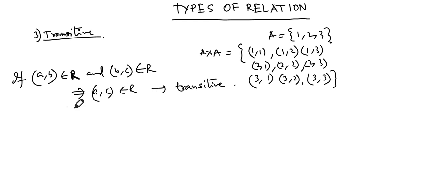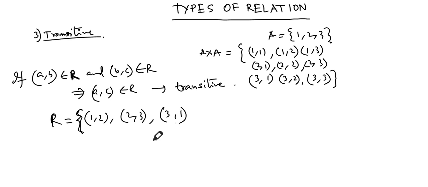What does it mean? Suppose we take an example R. Now we are constructing it as a transitive relation following this procedure. Suppose we are taking (1,2), (2,3) and (3,1). To make it transitive, what do we have to add more?